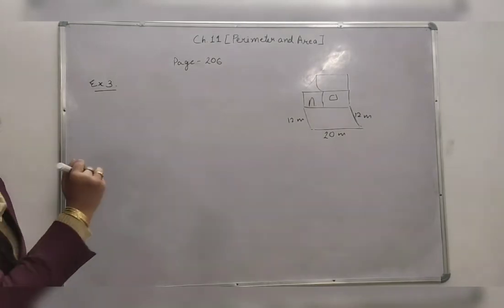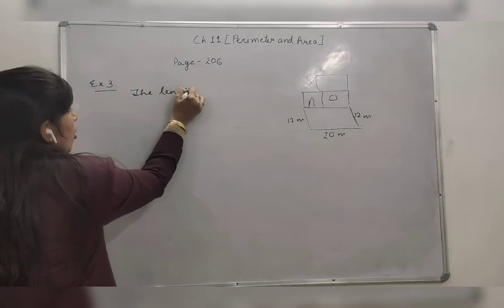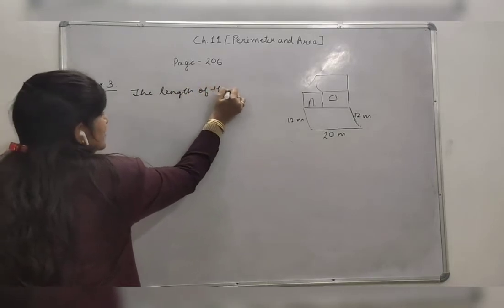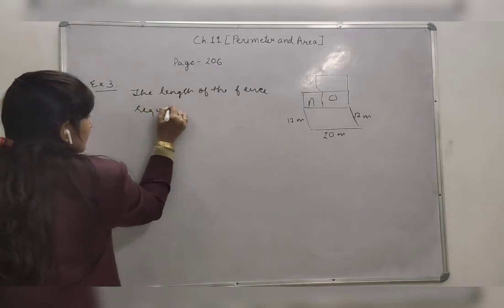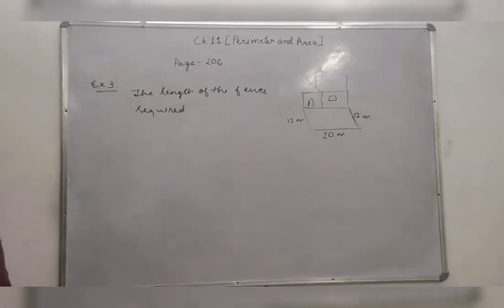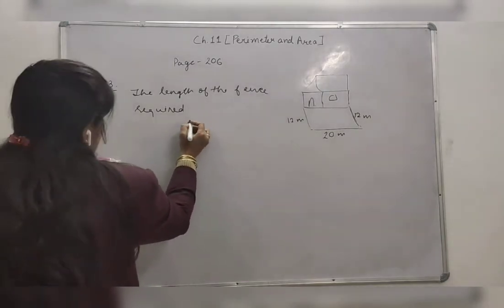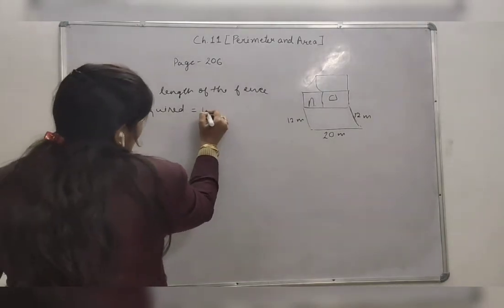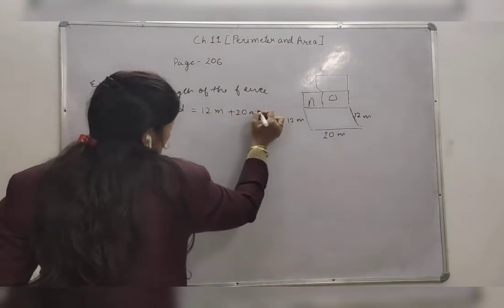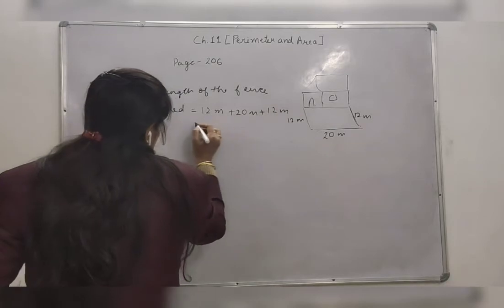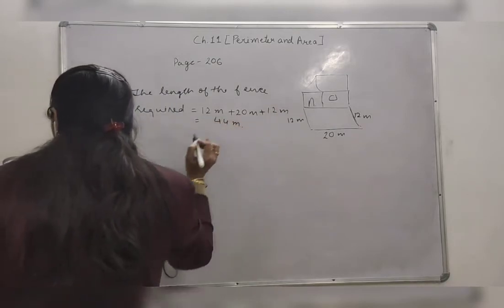The length of the fence required is equal to, we can add these three measurements. So we'll get 44 meter.